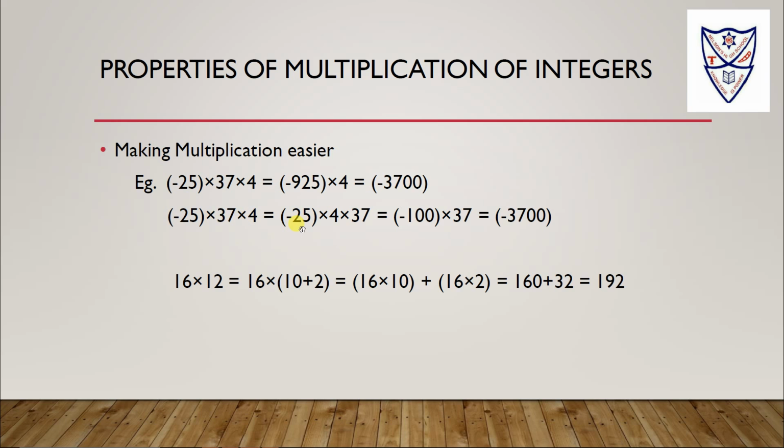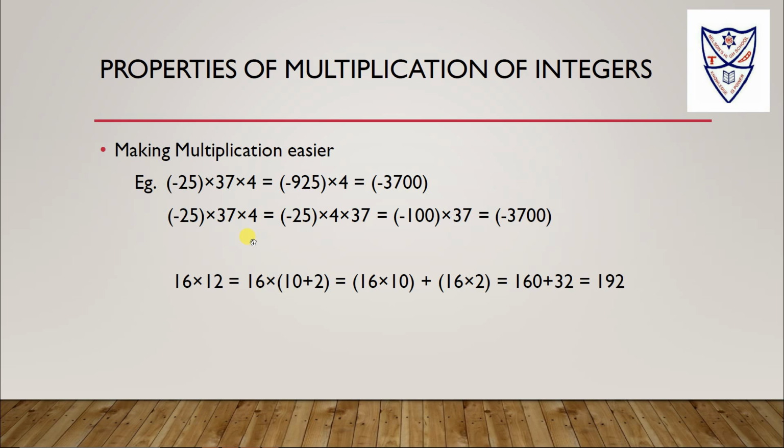Here we will put minus 25 multiplied by 4 multiplied by 37. Now why have we done this? Because we know that minus 25 multiplied by 4 is easy, that is minus 100, and minus 100 multiplied by 37 means 37 ones are 37, minus sign, and after that 2 zeros, so the answer will be minus 3700. So this way we can make multiplication easier.